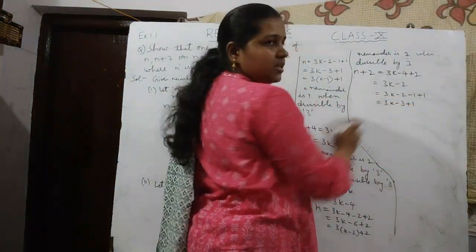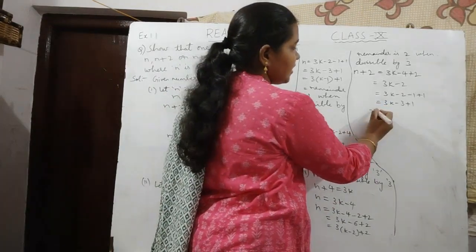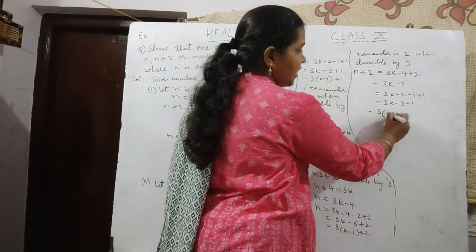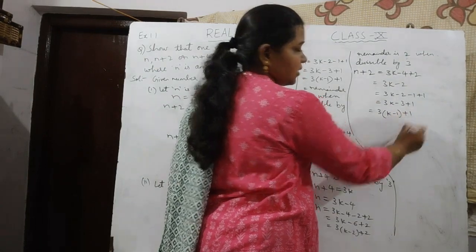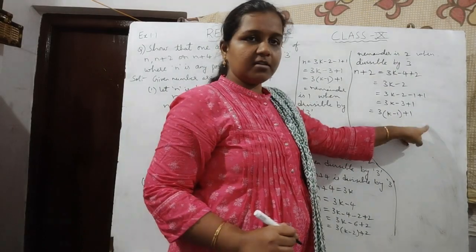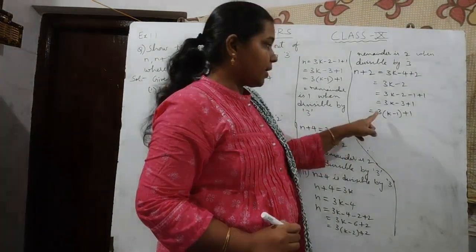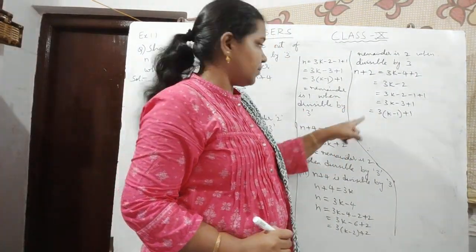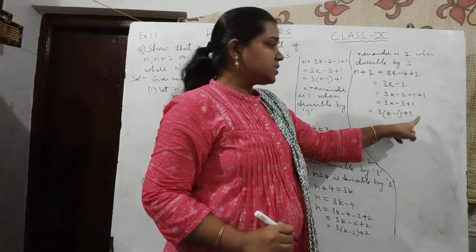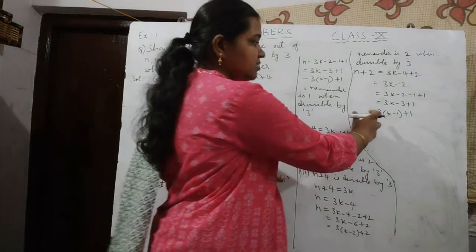Minus 2 minus 1 is minus 3. Then I will take 3 out common from these two, so I will get 3 into k minus 1, plus 1. So now this is in the form of bq plus r in the division algorithm lemma. Compare this with the division algorithm lemma: r is 1, b is 3 here.